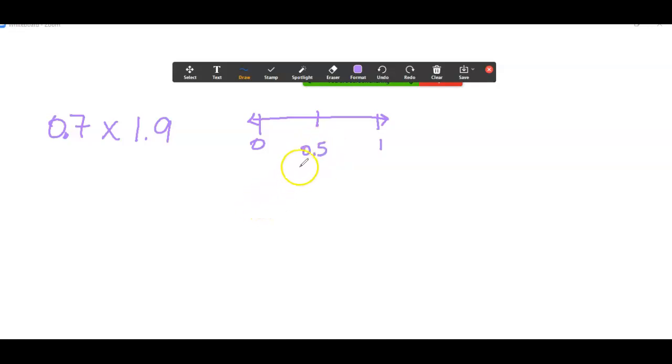Okay, remember we were talking before, the midpoint here, if I'm thinking about quarters, is 25 hundredths. The midpoint here, again thinking about quarters, is 75. That's like 25 cents, 50 cents, 75 cents, and then $1.